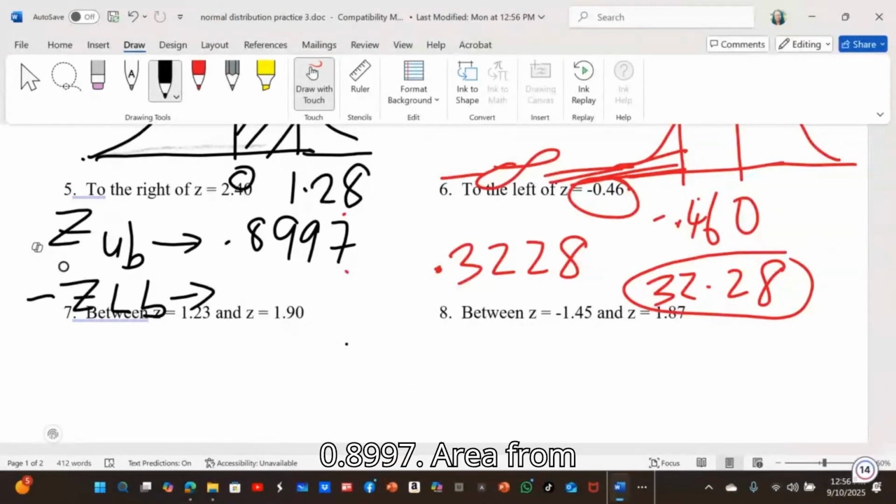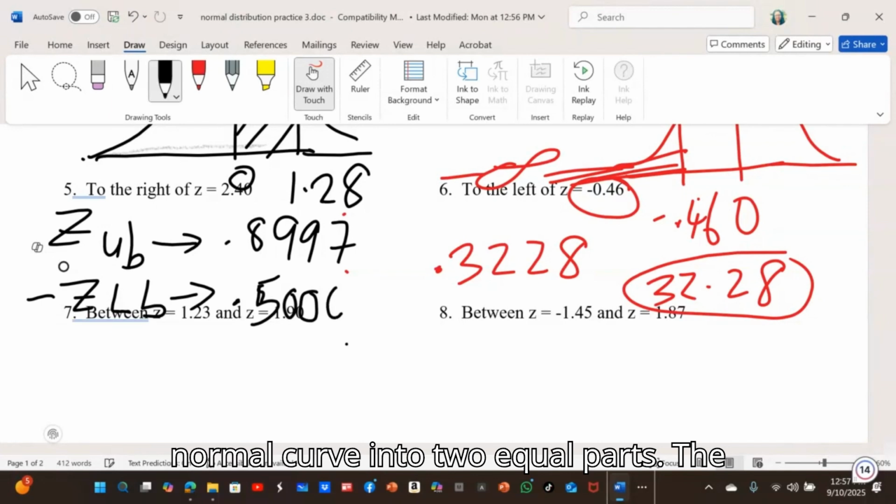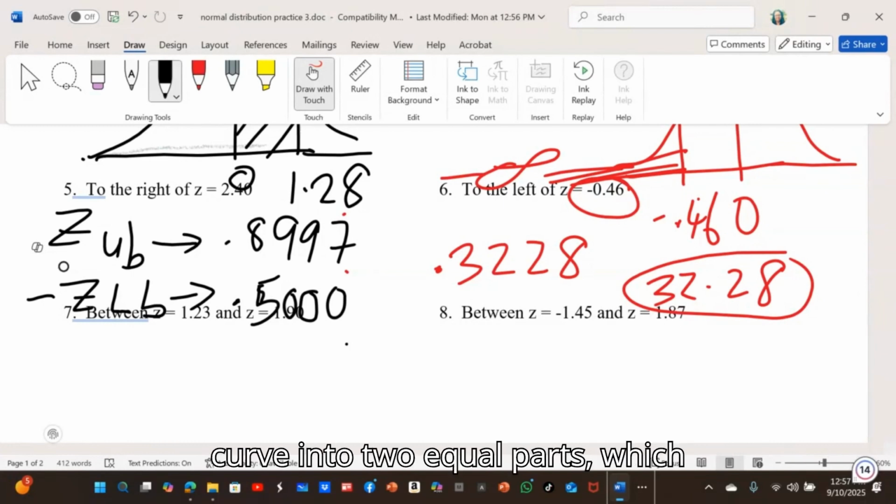The area at 0 is 0.5, because the mean divides the normal curve into two equal parts. The area under the normal curve is 1, which means the mean divides 1 into two equal parts.